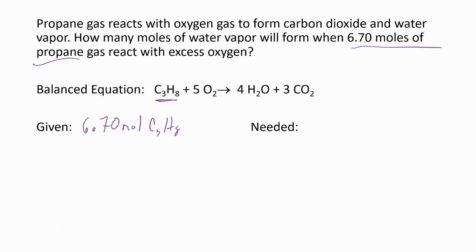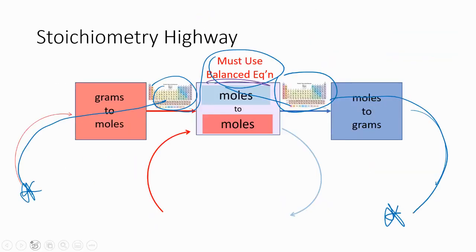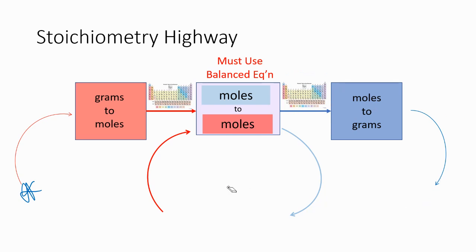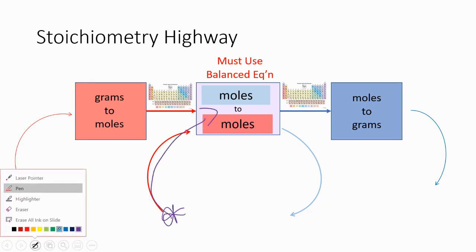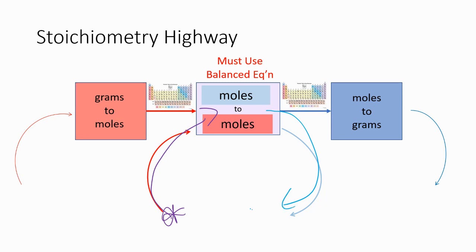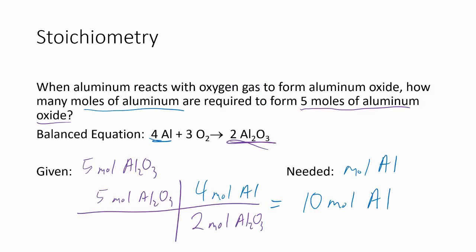So this is a mole to mole thing. On our highway, we're just going moles to moles. We're starting at moles of propane and we're going to change it into moles of water. So we just need the balanced equation for this one.